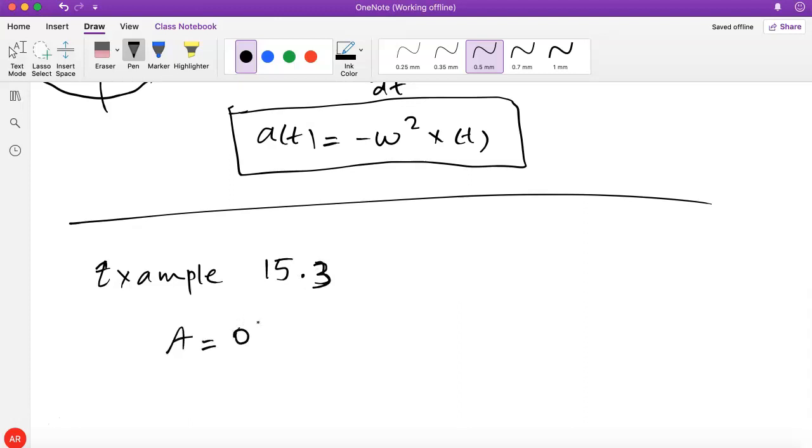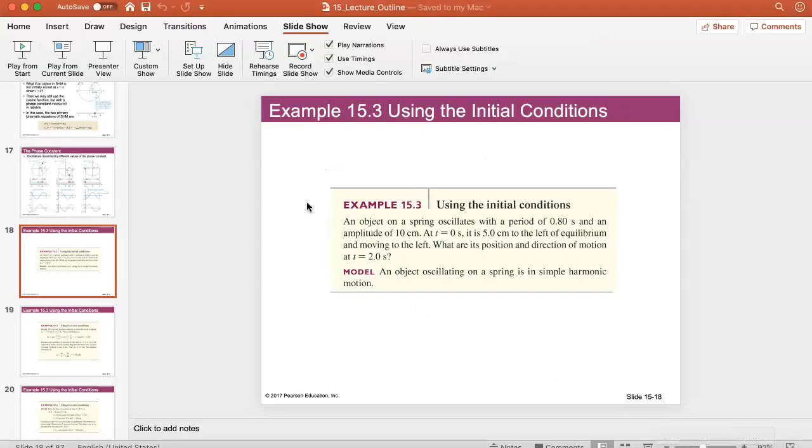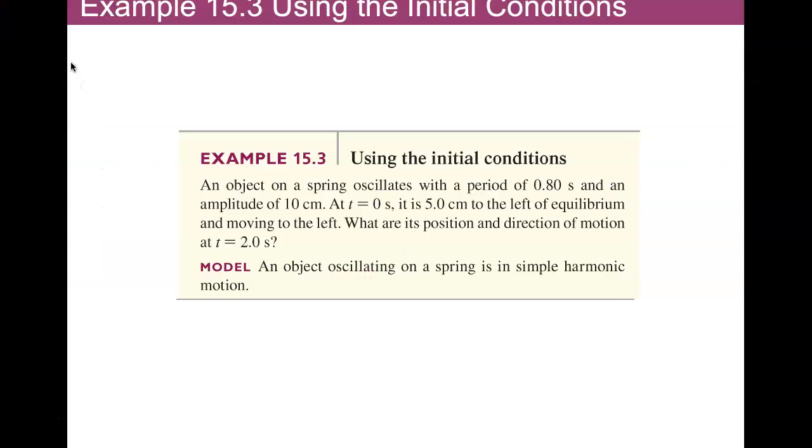So A is 0.1 meter, right? It was 10 centimeters. The period was 0.8 seconds. What else do we have? All right, so we know at t equals 0, it's 5 centimeters to the left of the equilibrium and moving to the left. And we want the position and the direction of motion at t equals 2 seconds.